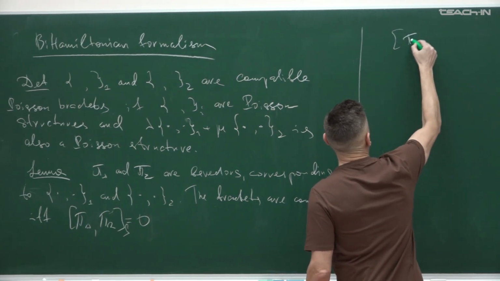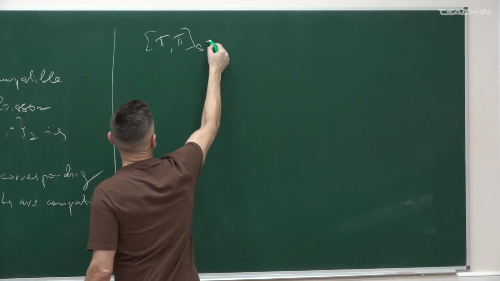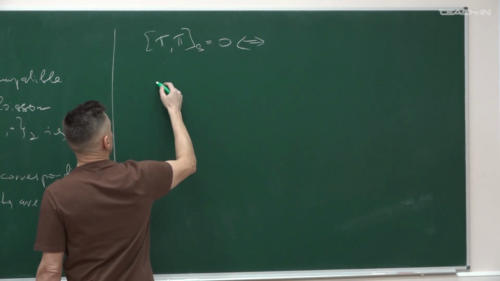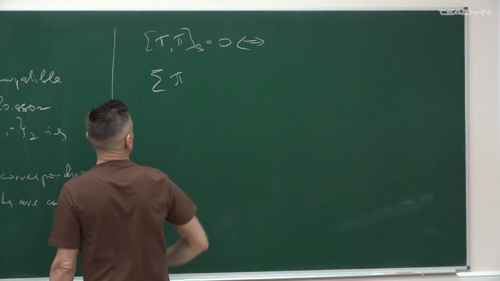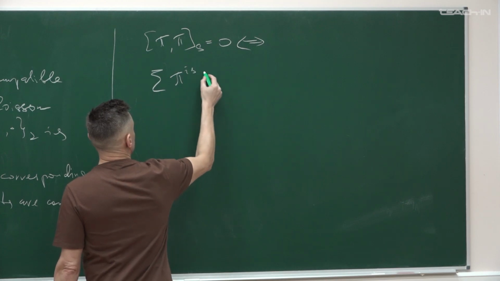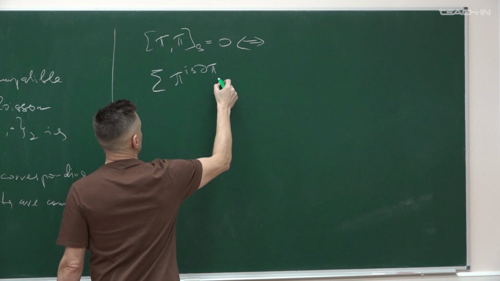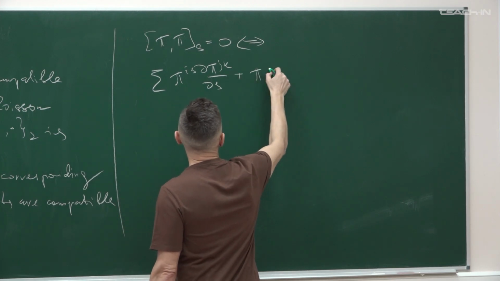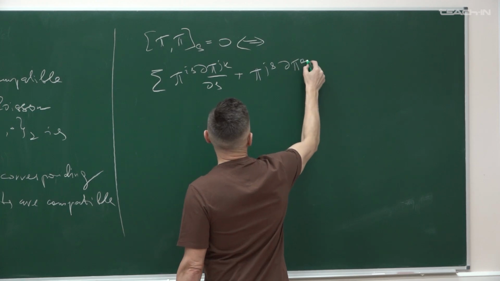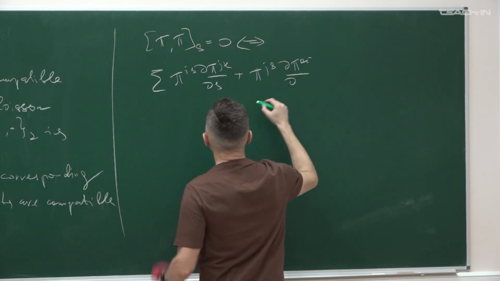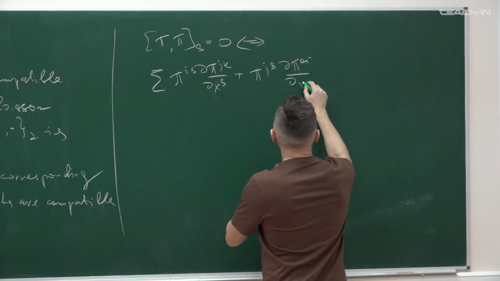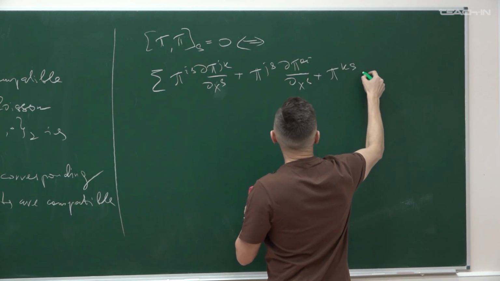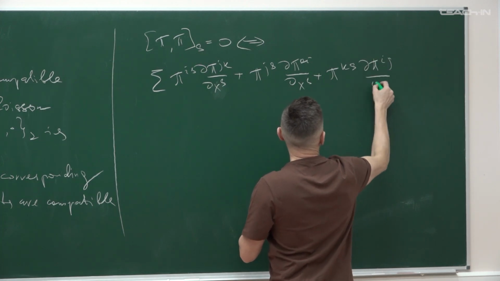So we wrote such an equation just for one bivector, that it is equivalent to the following sum: P^{is} ∂P^{jk}/∂x^s ... ∂P^{ij}/∂x^s.